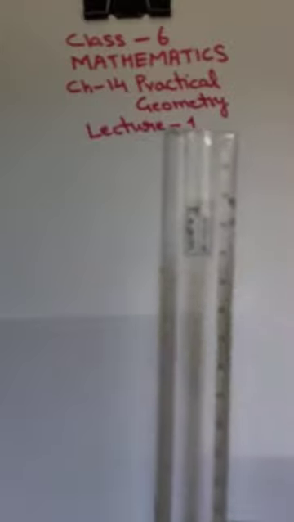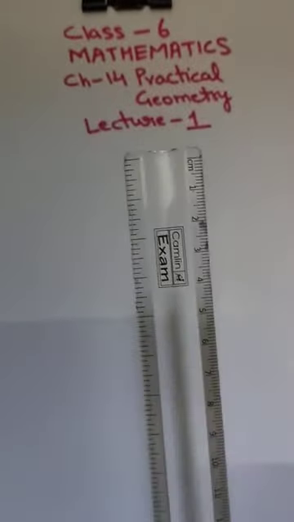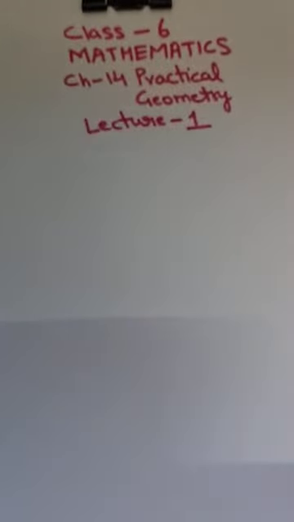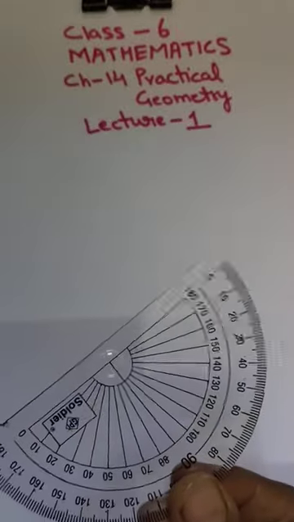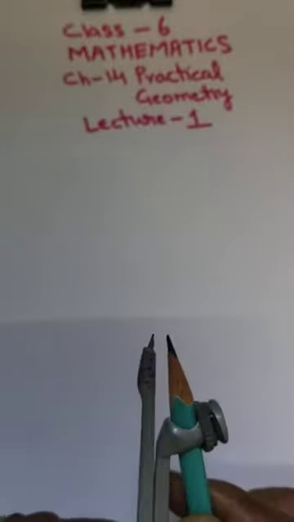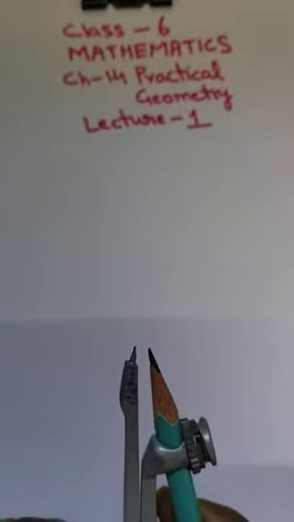First of all, a ruler to draw or measure line segments in meter and centimeter. A protractor to draw or measure angles. A compass with a sharp pencil on one end to draw circles and arcs.